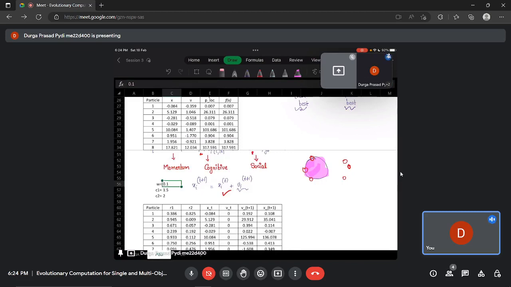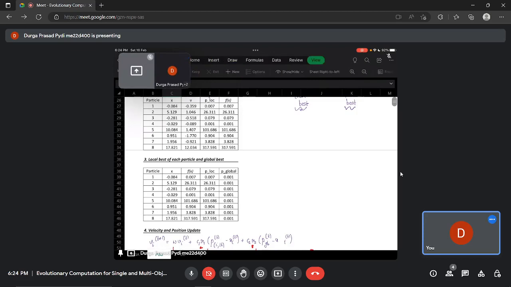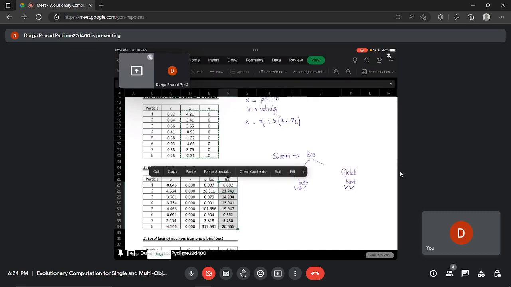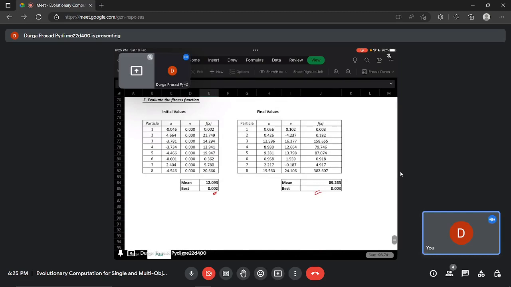Let's see what happens if you start with 0.1. You just start with 0.1, and you can see we still have a problem here.